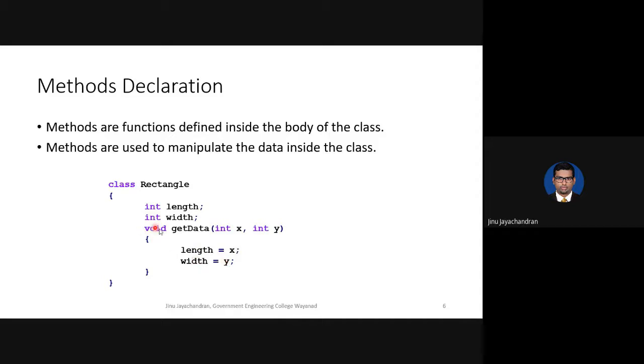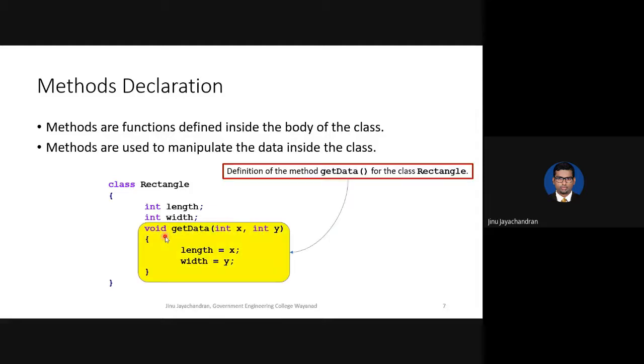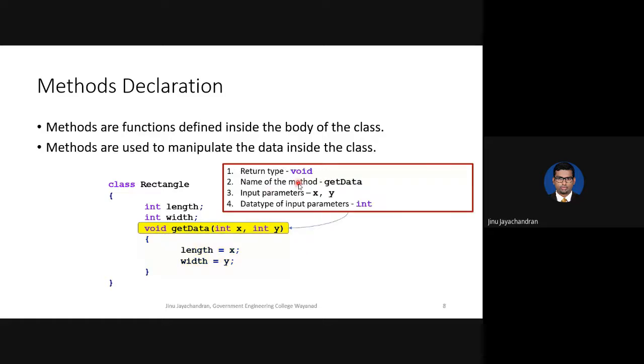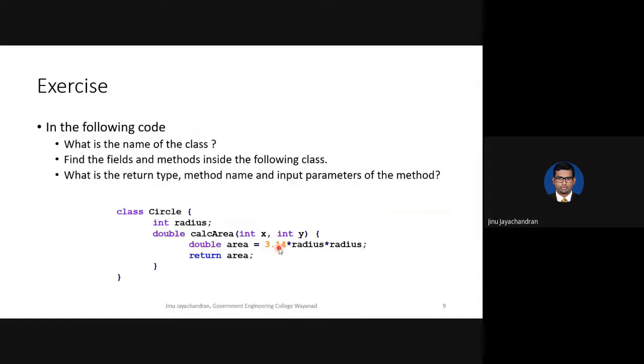So this getData is called a method. It's just a different name for a function. It is actually a function only, but when you do it inside a class, it's called a method in Java. The method has return type void, and has arguments x and y of type int.